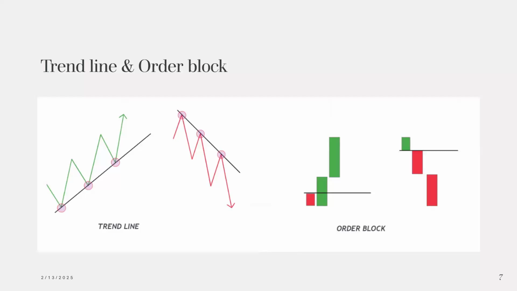Some people claim to be smart money traders. They use order blocks. So I'm just showing you guys what order block means, just in case you hear someone say it.